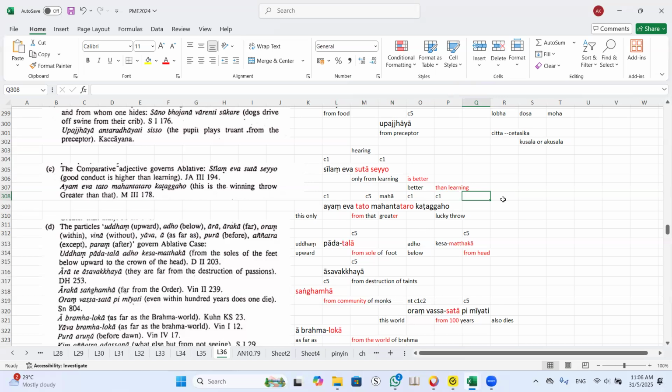So here, if you see the word ayang ewa, that means this only. Since they are the same case, you take this lucky throw. Then you put this one in the same case. It is greater. You cannot put greater, it is better. You use better. Sometimes it is like that.